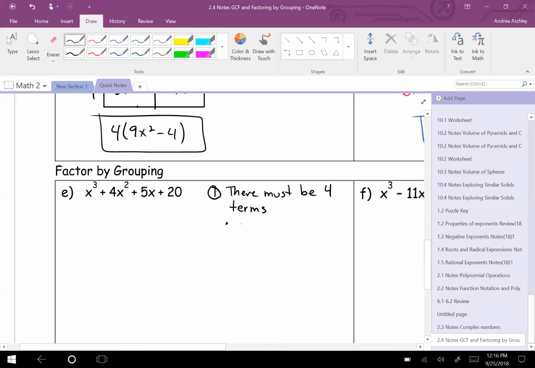The first thing you need to do, look for a GCF of all the terms. Okay, is there a GCF? Something that they can all be divided by? No, right? 1, but we want something other than 1.